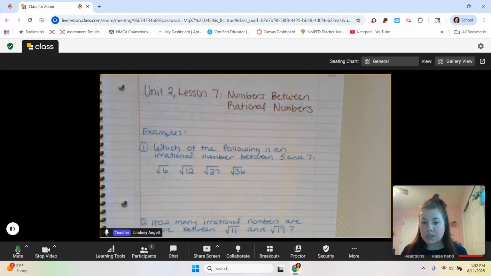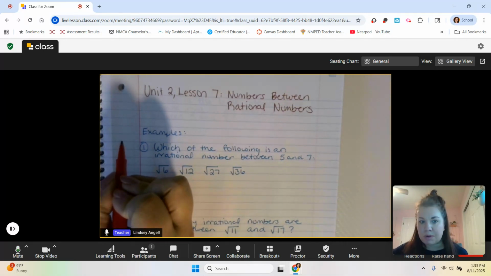Number 1, which of the following is an irrational number between 5 and 7? Okay, so I think one of the best things for us to do, and it would be really good for you to just have this in your notebook, if you remember from one of the previous videos, we made a list of perfect squares, right?